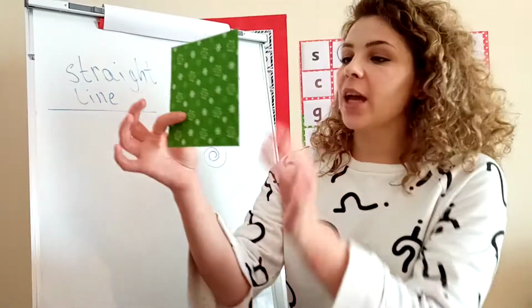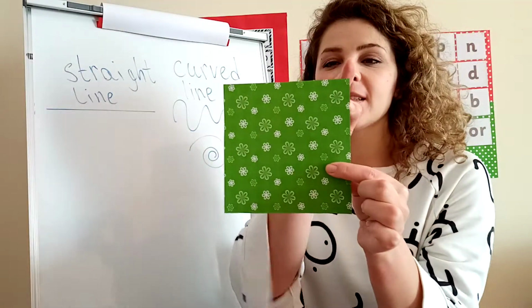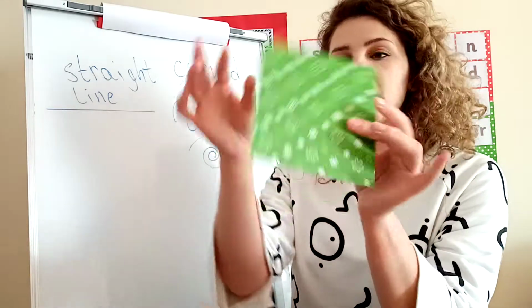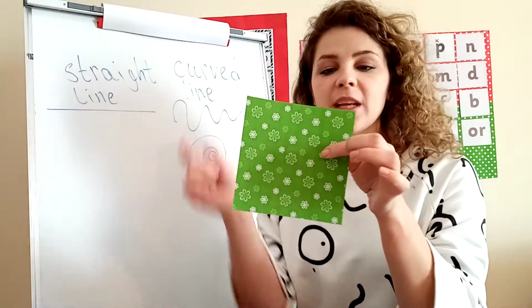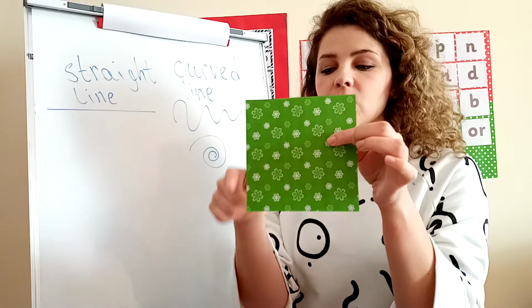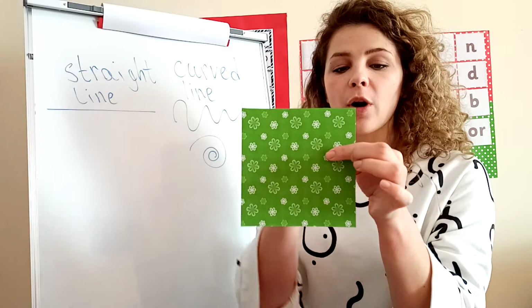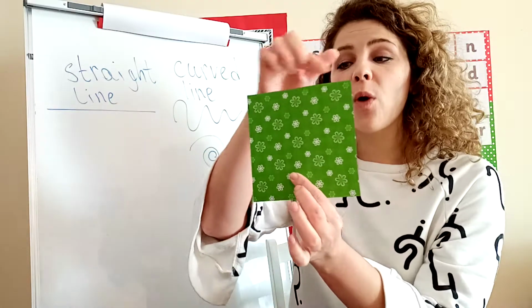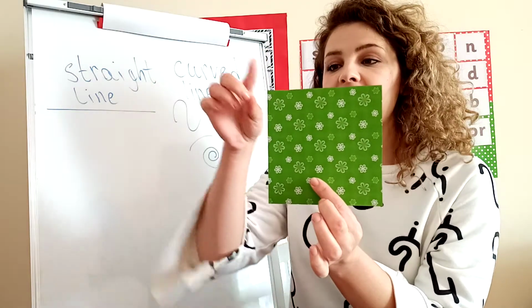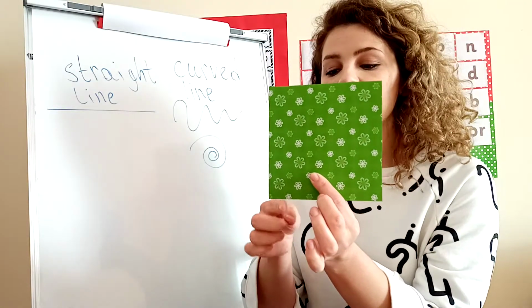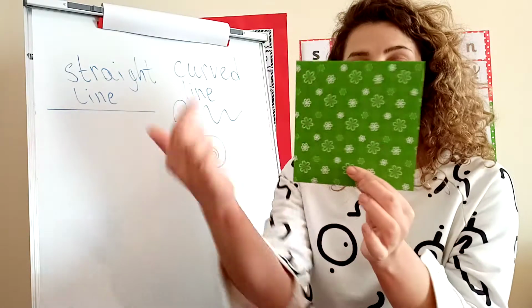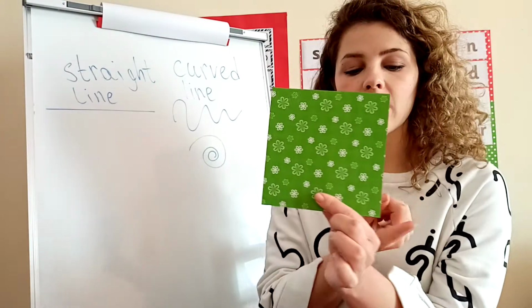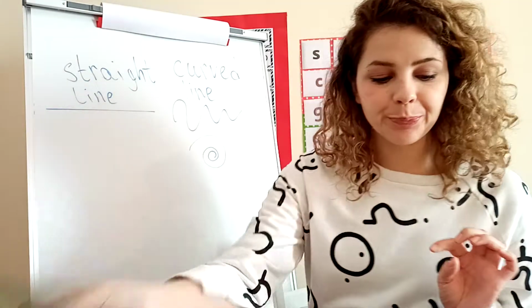So let's take a look at a square. Now, a square has obviously only straight lines, doesn't have any curved lines, okay? How many straight lines? 1, 2, 3, 4, yeah? So a square has 4 straight lines, and it has 4 corners, okay? 4 straight lines and 4 corners.